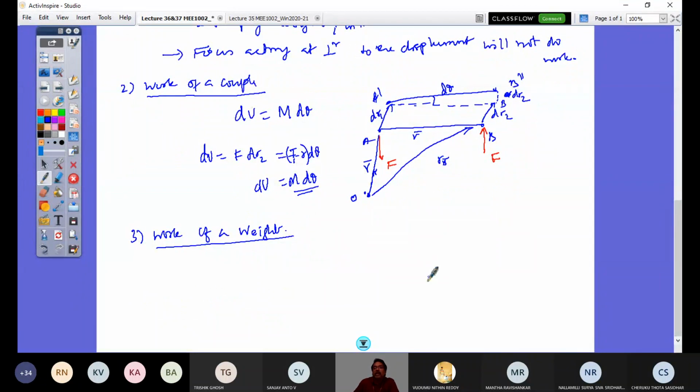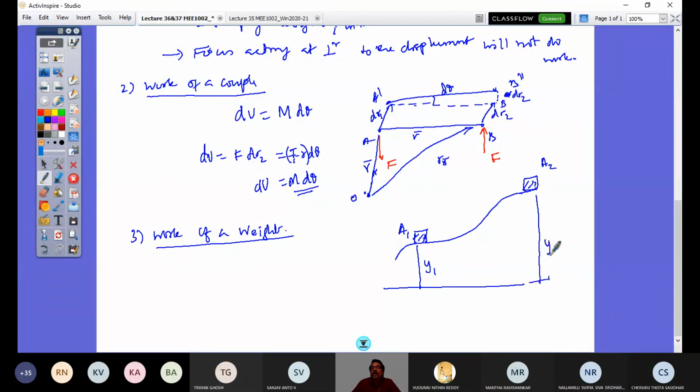For example, let us consider an arbitrary path, something like that. I have here a block, a rigid body A at a height y1, that is to reach this uphill position. This is position A1, and it reaches position 2, that is state A2, and this distance from here is height y2.